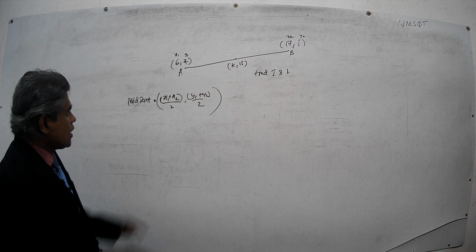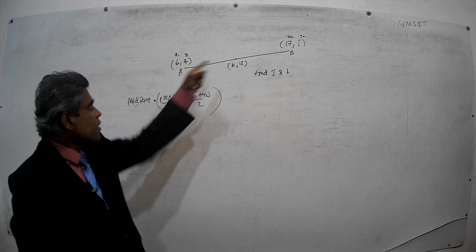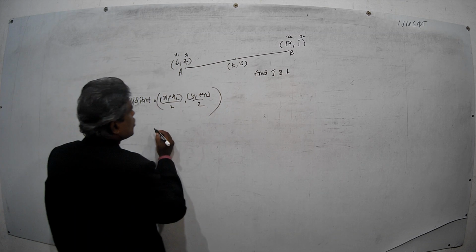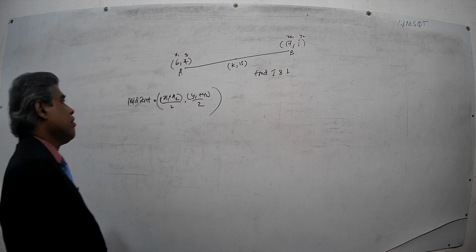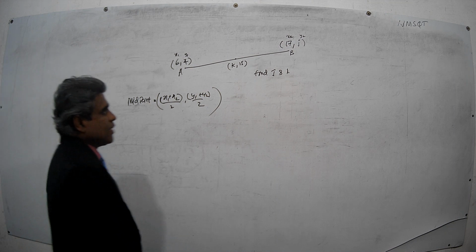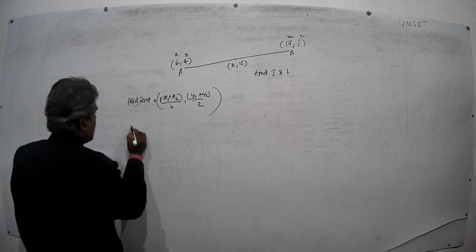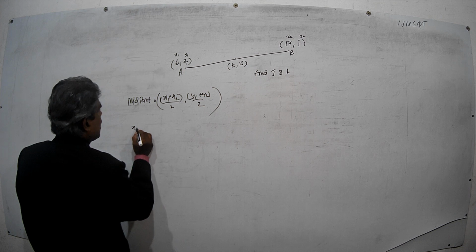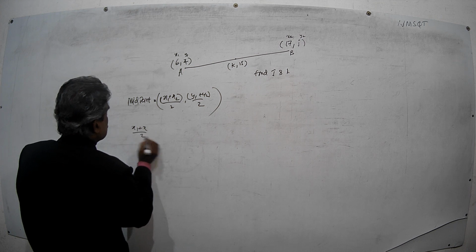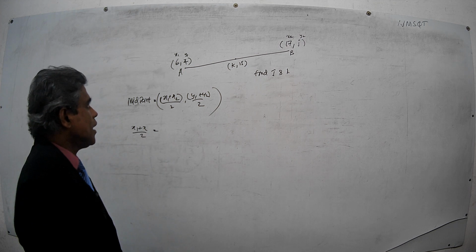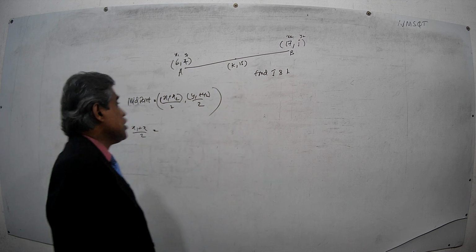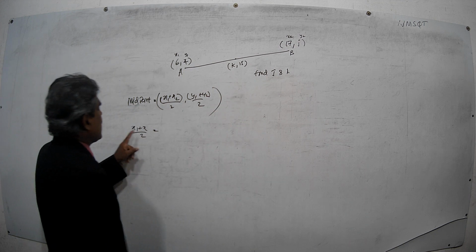Then we can very easily find the X coordinate of the midpoint. We write X1 plus X2 over 2, because we know the coordinates.